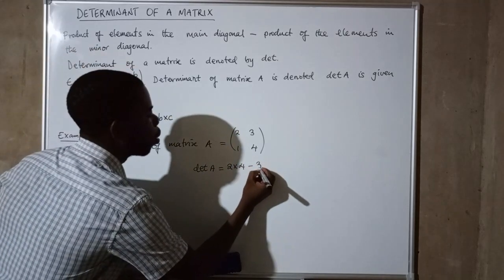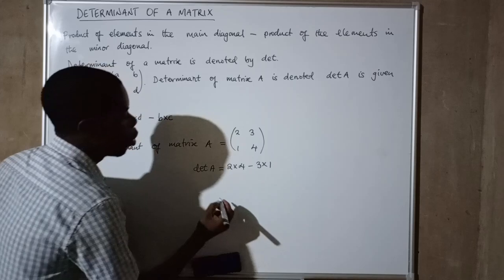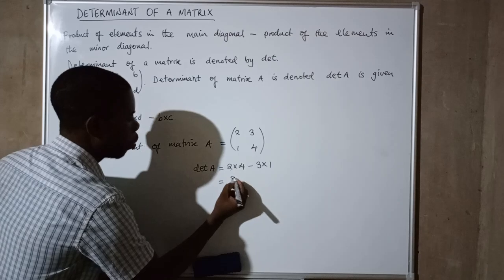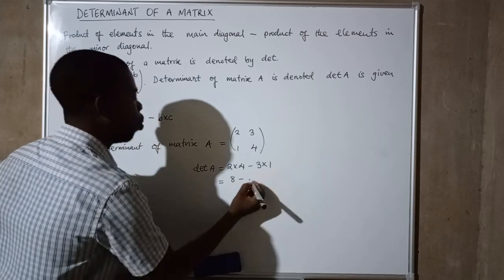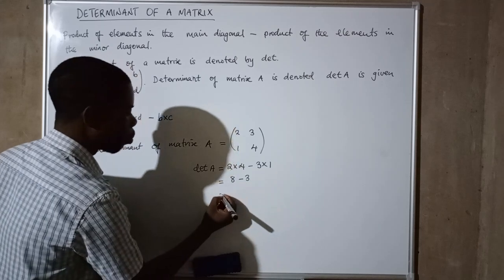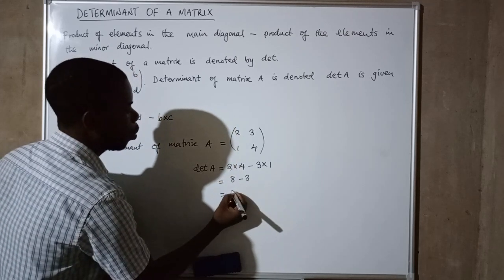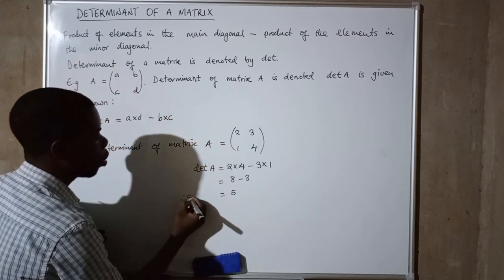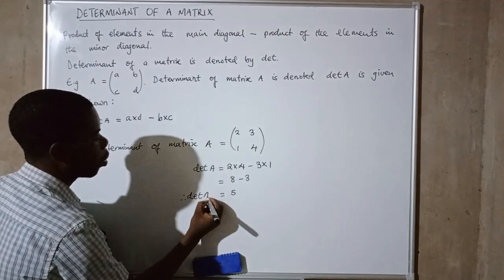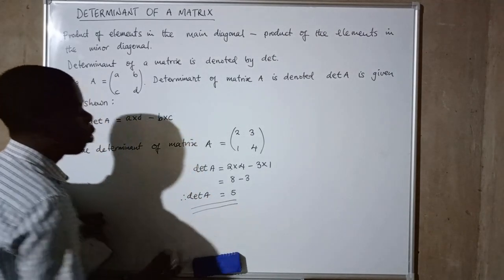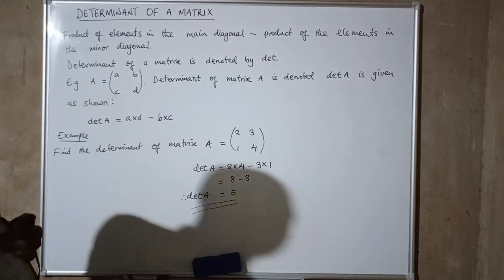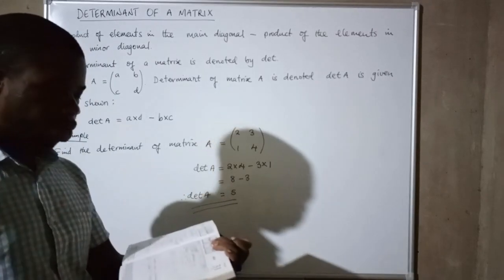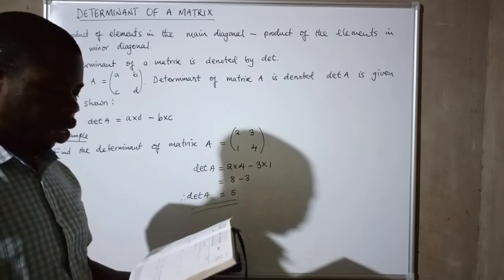Which will be equal to 2 times 4, which will be 8, minus 3 times 1, which will be 3. Then 8 minus 3 is going to be 5. Therefore, this is the determinant of matrix A. Okay? So these things are very, very simple, guys.